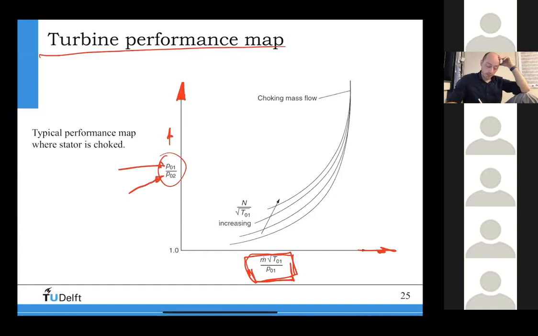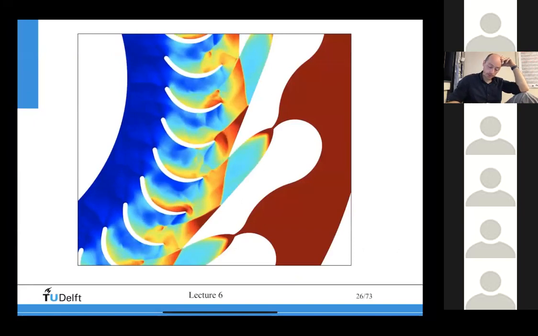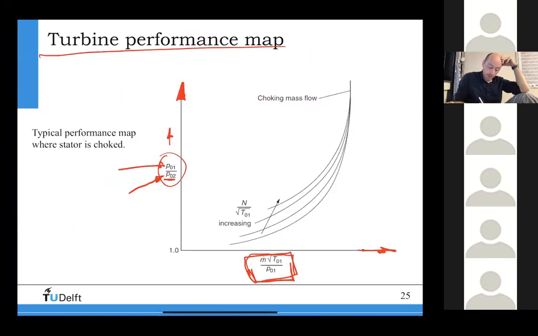But after a certain P2, I will not be able to. If P1 is kept constant but P2 is decreasing, the mass flow will increase, up to a certain point when P2 is small enough to reach sonic conditions, and then the nozzle will be choked and you will get constant mass flow. Even if you further decrease the pressure, the mass flow will not increase anymore, right?